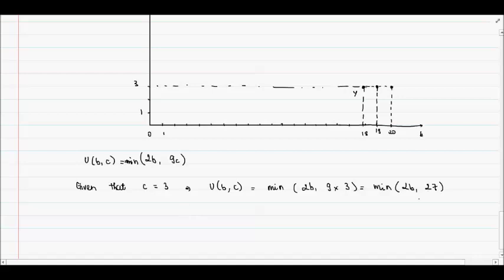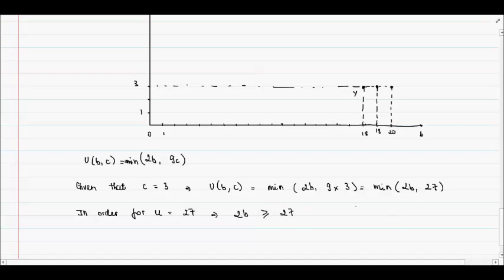So in order for the utility to be equal to 27, the value of 2B will have to be equal to 27 or bigger than 27, because if it's smaller than 27, then it's going to reduce the utility level. So in order for the utility to equal 27, the value 2B has to be at least equal to 27.